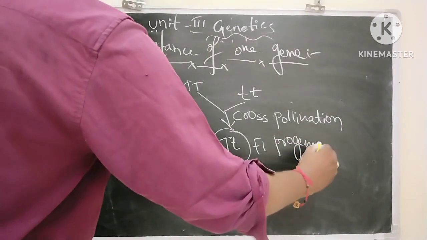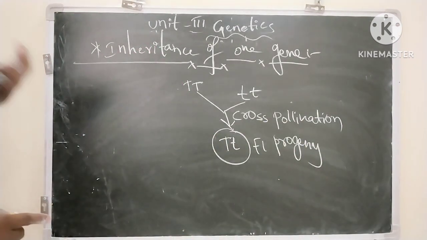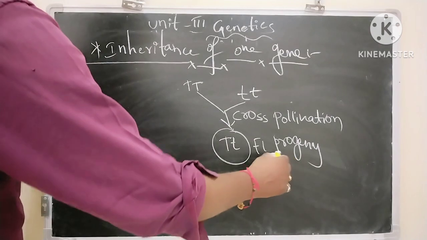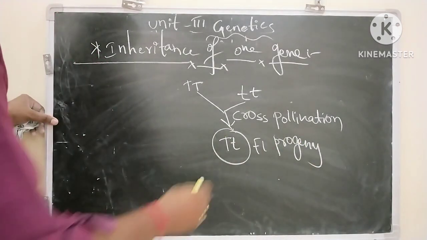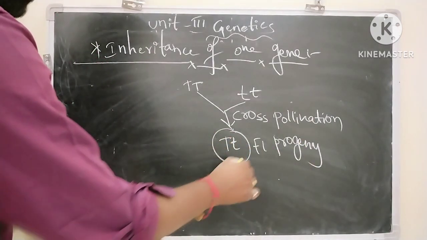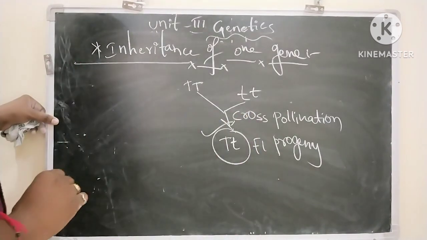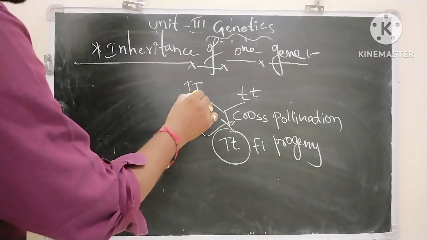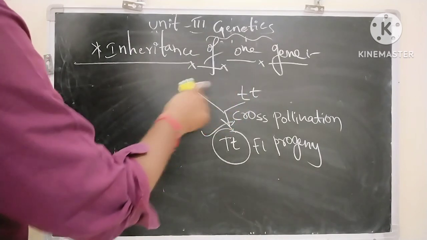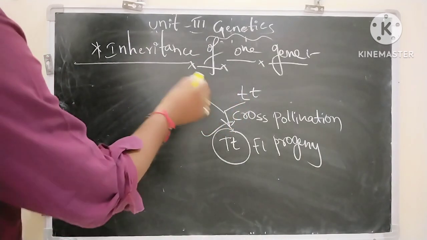Progeny means offspring, and F1 means first filial generation. All of the first generation plants were tall, and they looked like one of the parents.